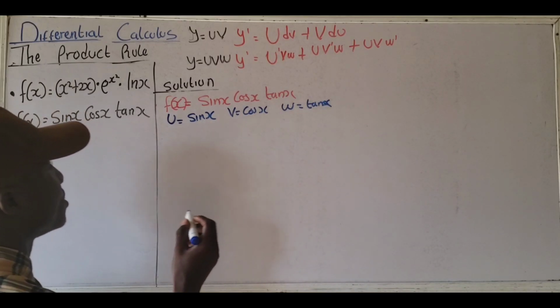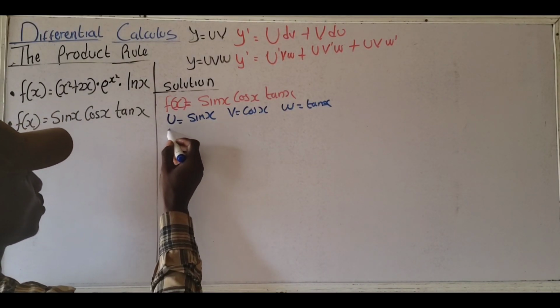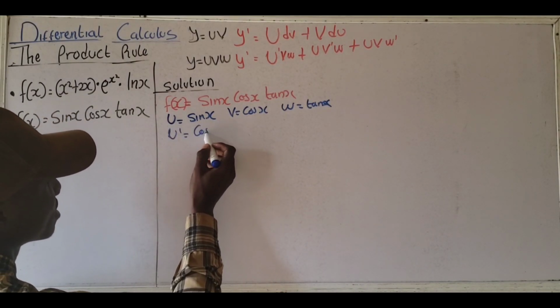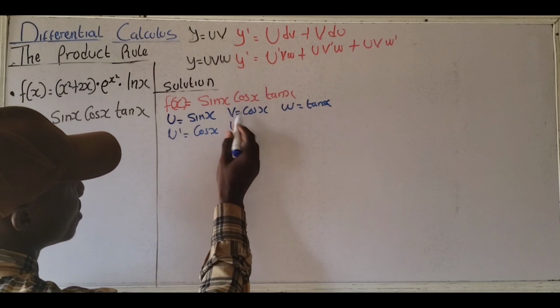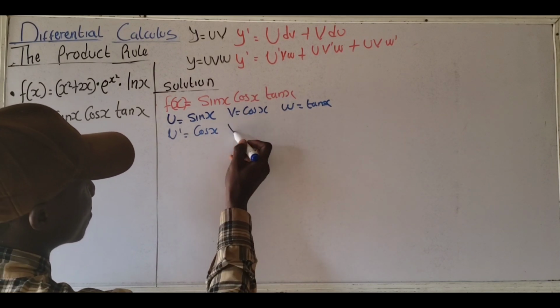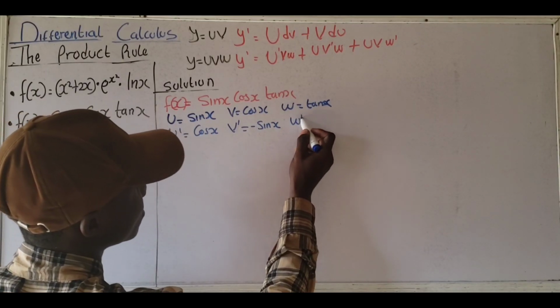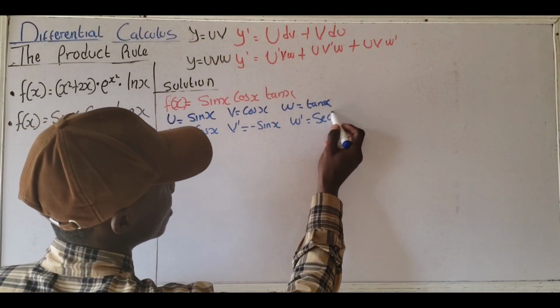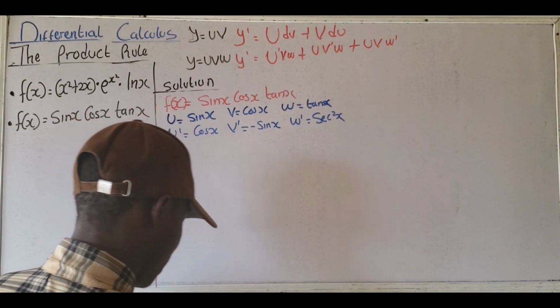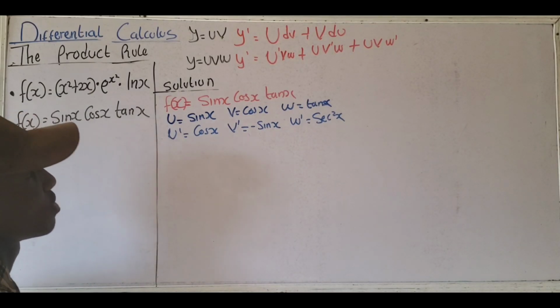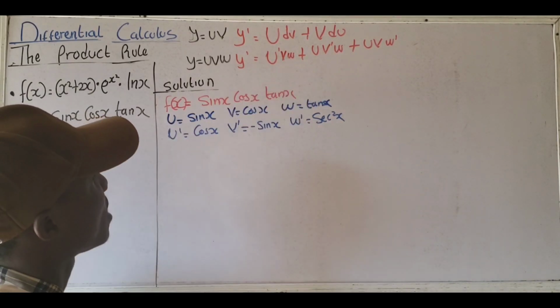Yeah, differentiate each. The derivative of u is cos x, the derivative of v is minus sine x, and derivative of w is what? Sec square x.